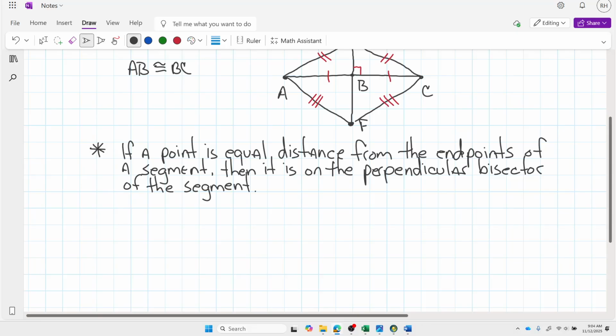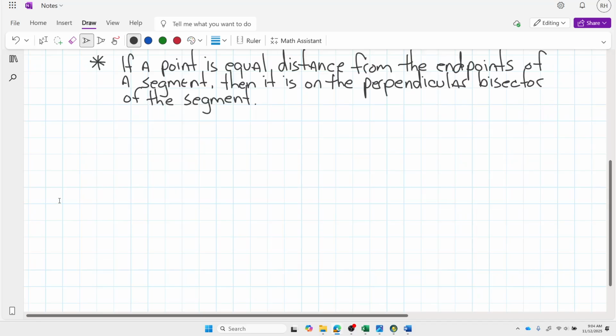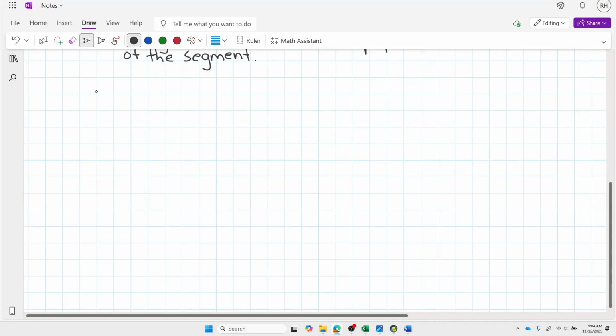All right, so look at the top of page 325, and you're asked to find each measure. And this first problem, they're asking you to find AB. And here's your picture.